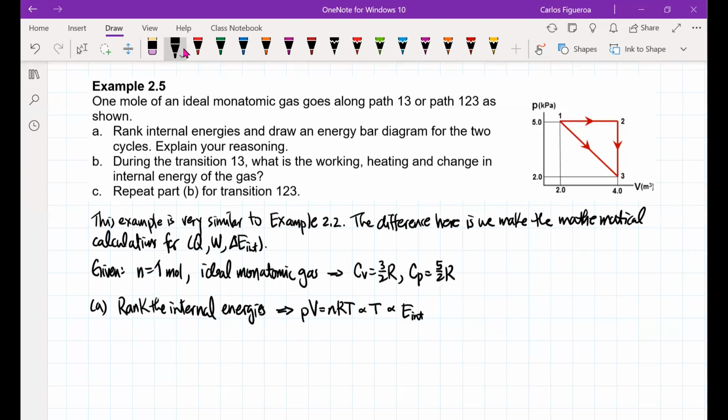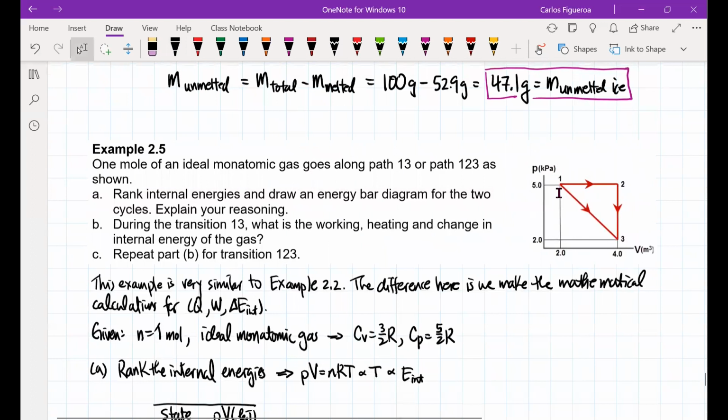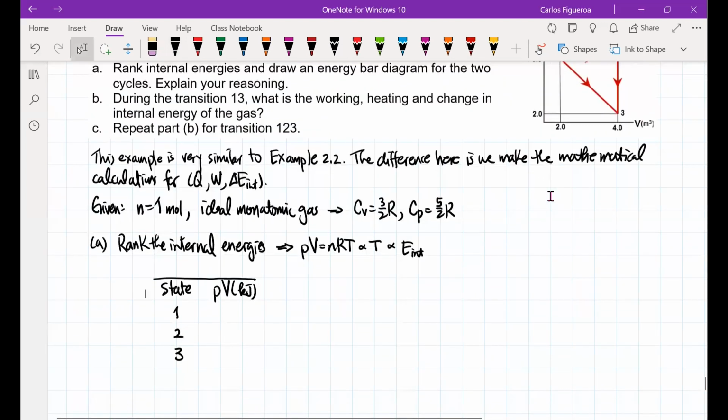So I have my states 1, 2, and 3, and then the quantity PV, which is going to be in kilojoules, since the pressure is in kilopascals. Now I just multiply these two numbers together for each of these states.